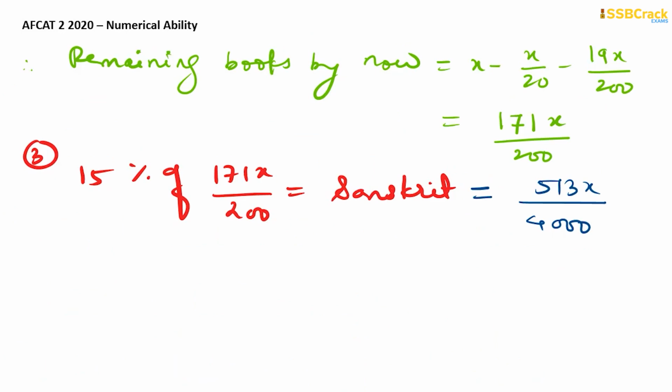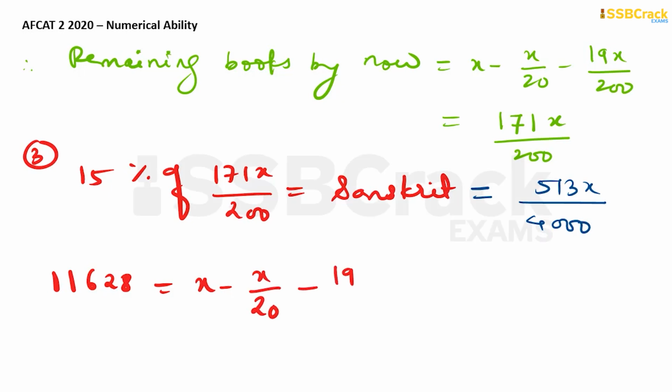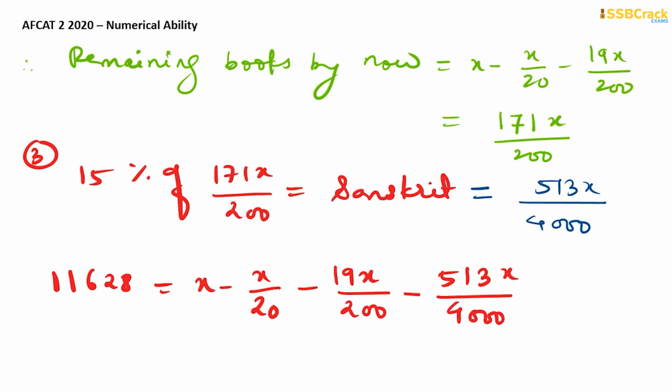So now you shall note here, these 11,628 are what? They are remaining, which means they are x minus x by 20 minus 19x by 200 minus, we have to subtract the Sanskrit books also, 513x upon 4000. So this was what the question was all about.